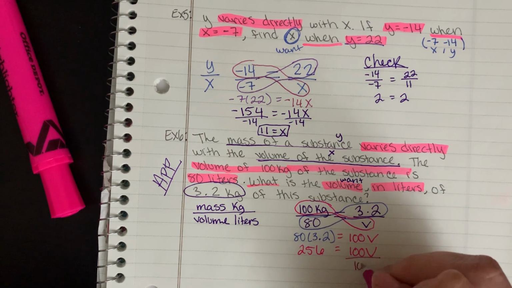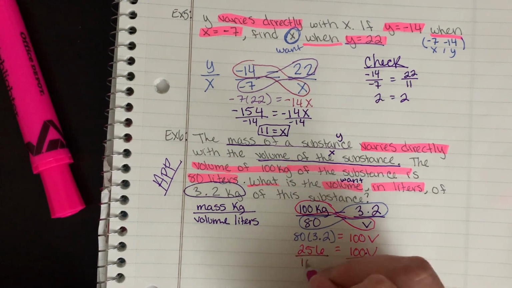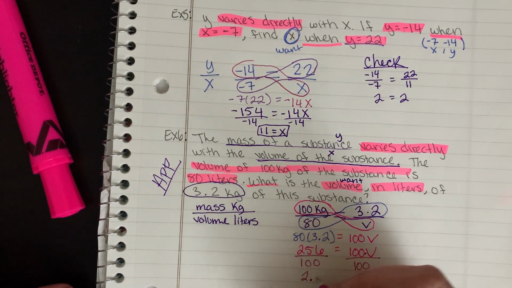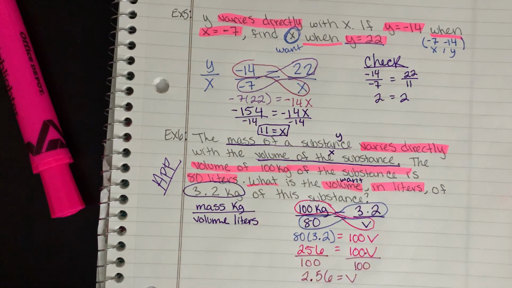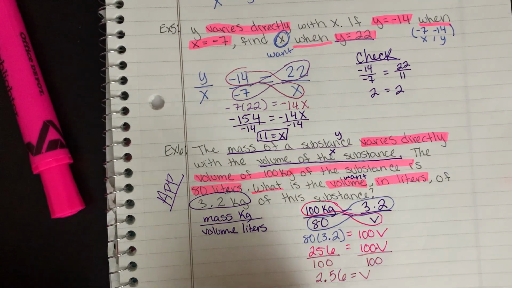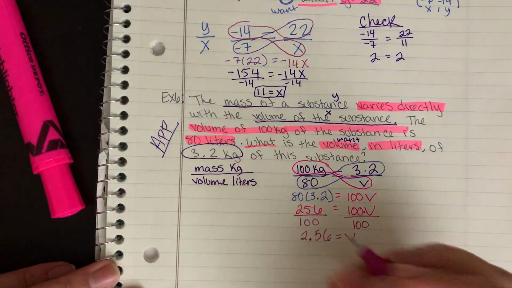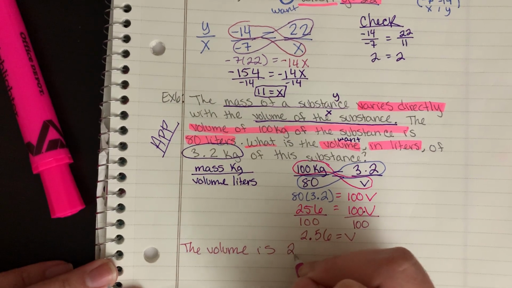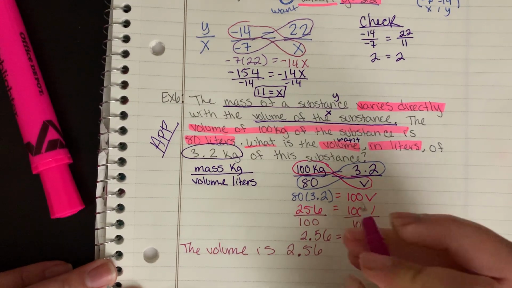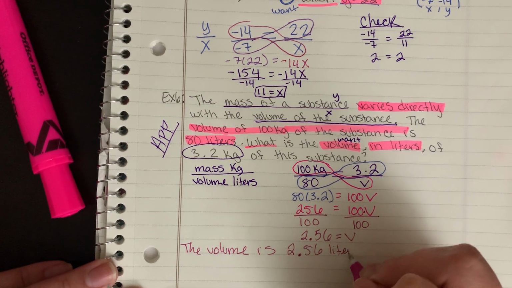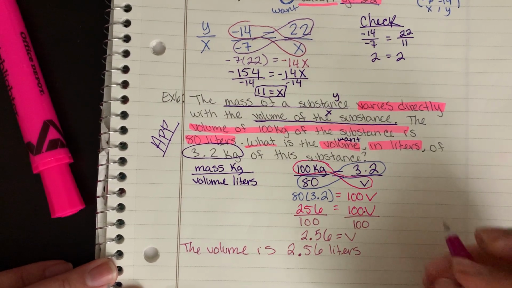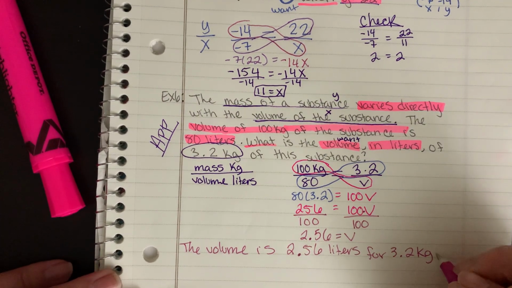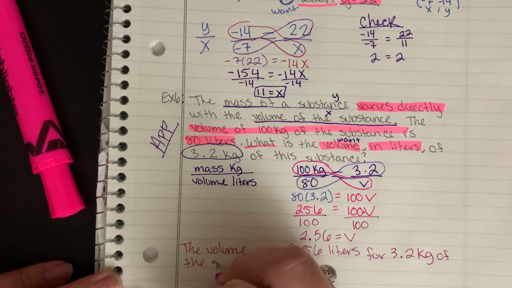We divide by 100, because we're multiplying there. So 256 divided by 100 is 2.56 equals V. So the volume is 2.56 liters for 3.2 kilograms of the substance.